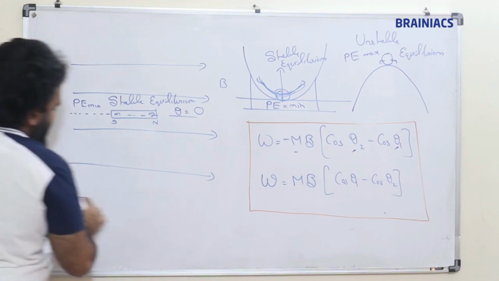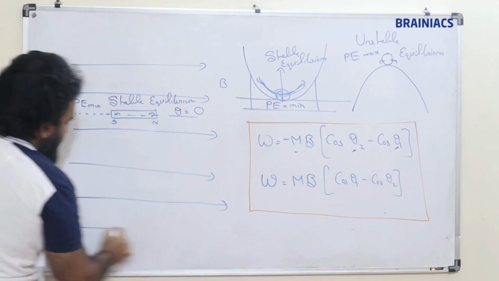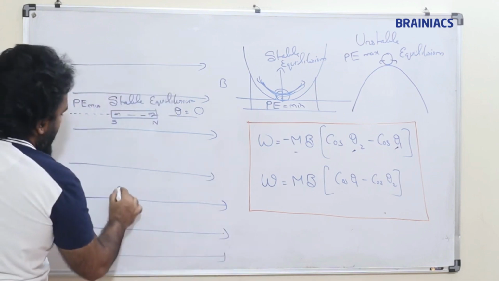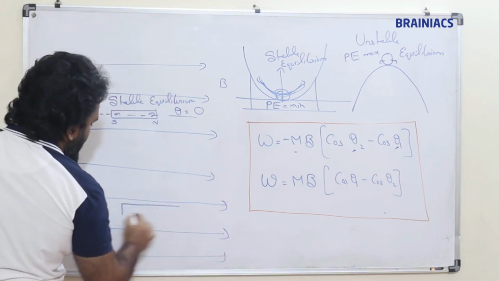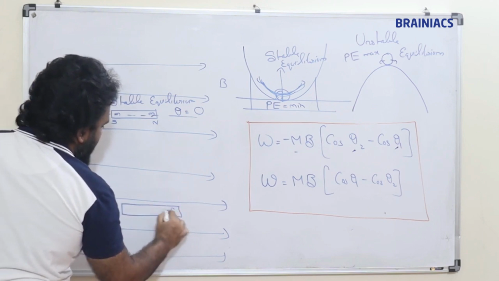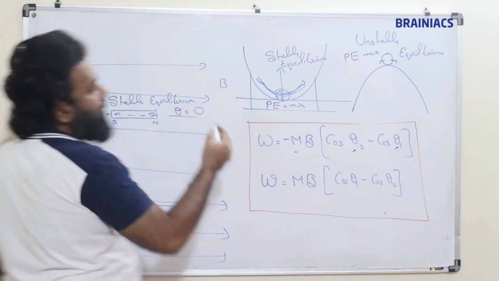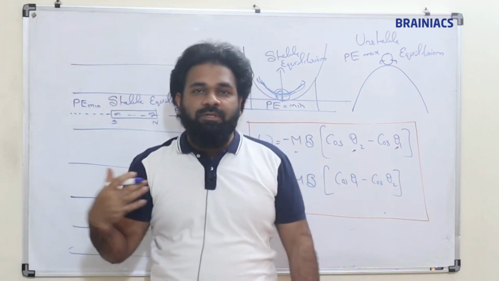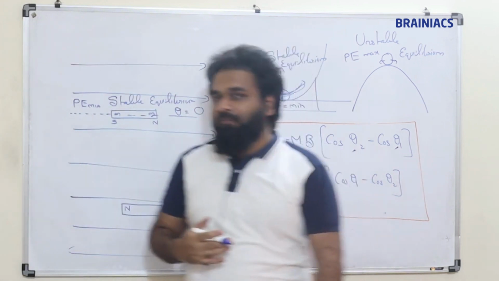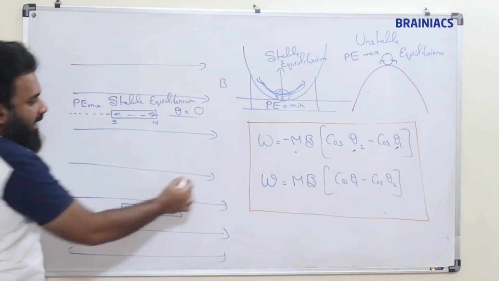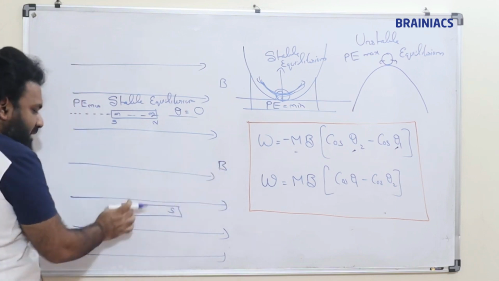Clear? Now suppose I consider a magnetic field like this, and I am putting the dipole in this direction, this is south, this is north. Just like a positive charge will experience a force in the direction of the electric field, the north pole will experience a force in the direction of the magnetic field, just like a charge.